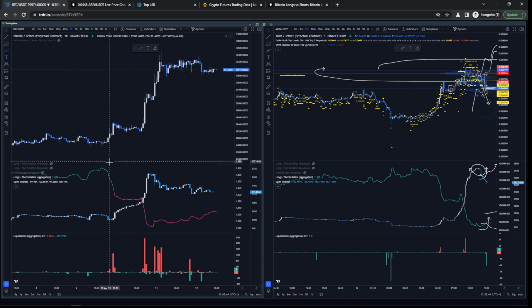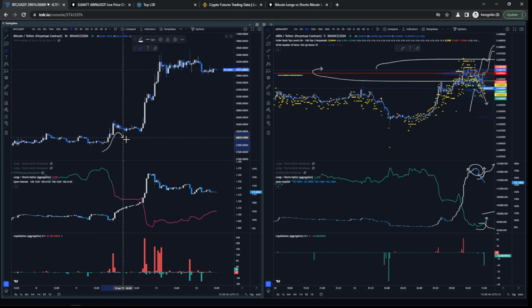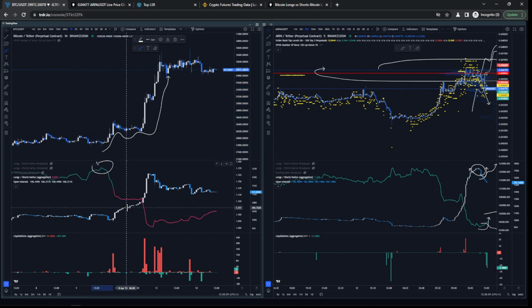Okay, this is the ratio, which means the difference between accounts and positions, between long and short. Here, when Bitcoin was going up, people were betting that it was going to be best to short.